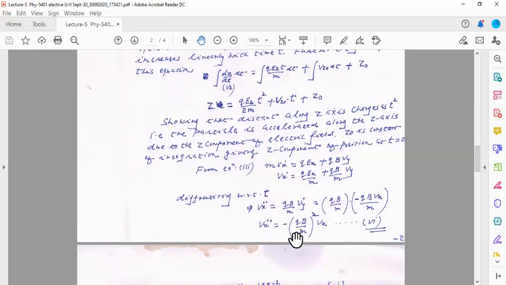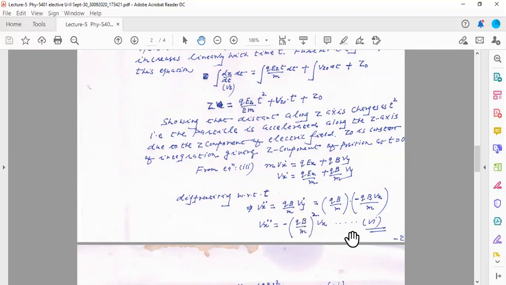This qB over m is the cyclotron frequency which we have already defined, because you know that electrons and ions gyrate along the field lines. The frequency of gyration is known as the Larmor frequency, and we have defined the Larmor frequency as qB over m.